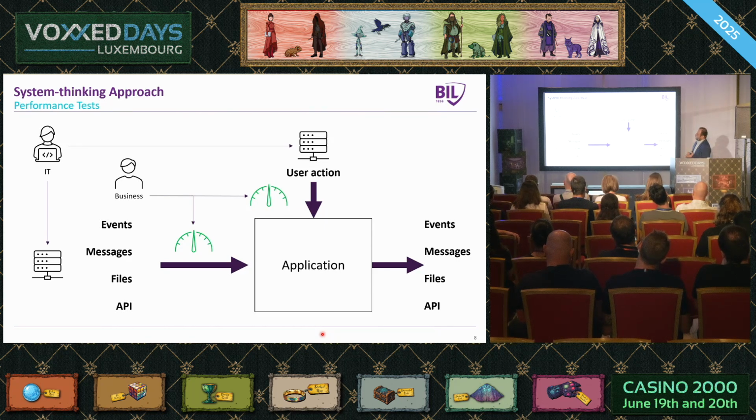In this way, again, the business defines the most relevant user actions and the inputs we will have. The IT codes it, and we trace the application to see if it matches, yes or no, if it crashes, if it burns maybe, and if we can deliver the output at the speed that was required.